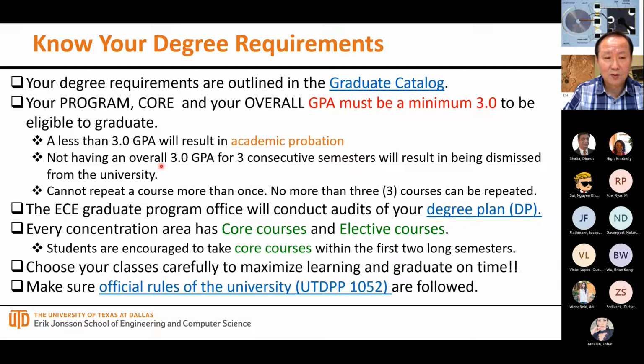And not having an overall 3.0 GPA for 3 consecutive semesters will result in being dismissed from the university. I don't see that will happen to any fast track student, but this is the rule. And you cannot repeat a course more than once, and no more than 3 courses can be repeated.